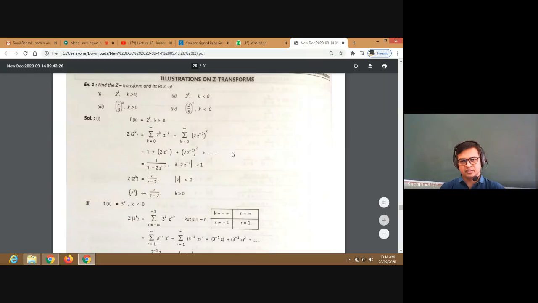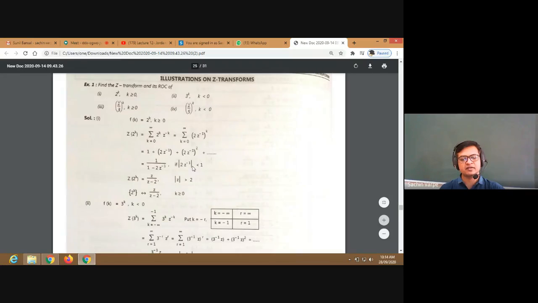This is a geometric series and it converges to its limit point. What is the limit point of the geometric series? A upon 1 minus r, where A is the first term and r is the common ratio, provided that mod of r is less than 1.